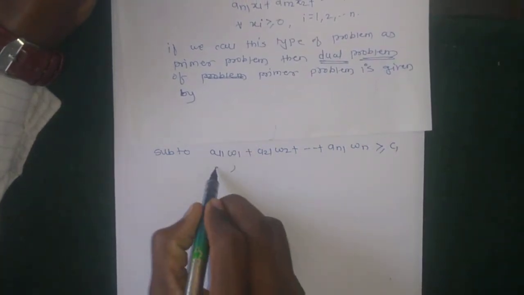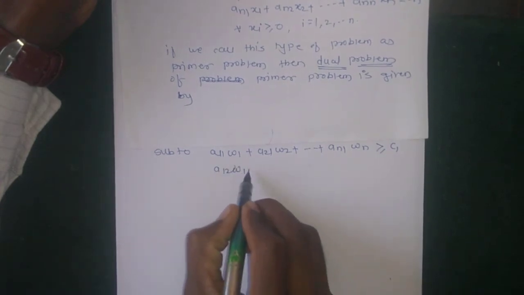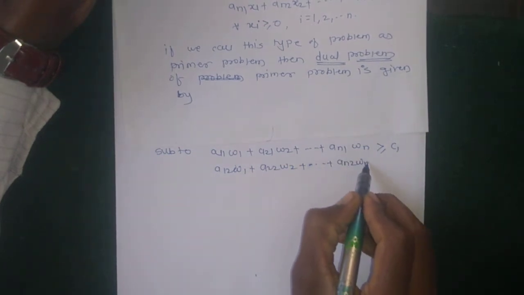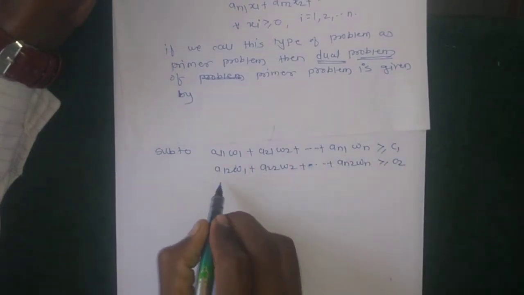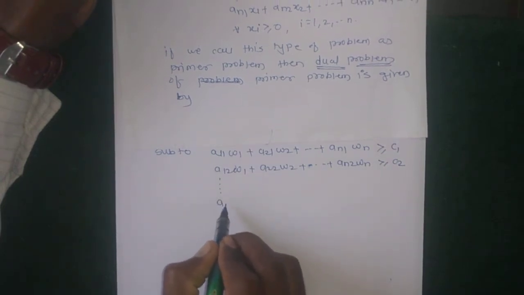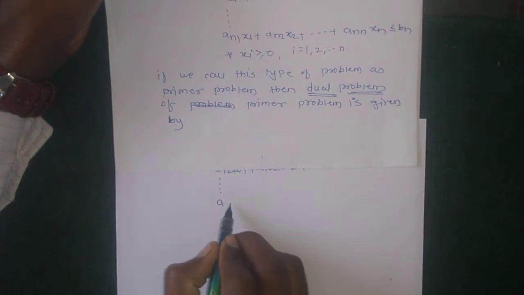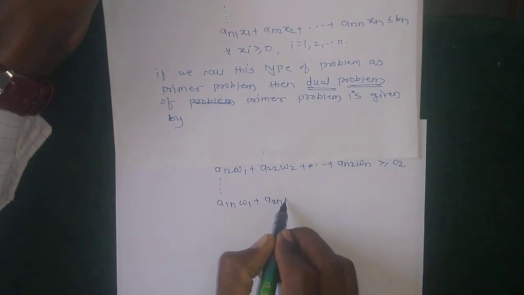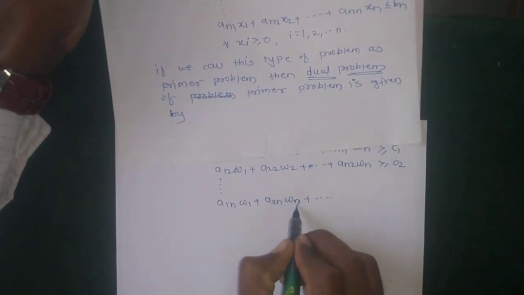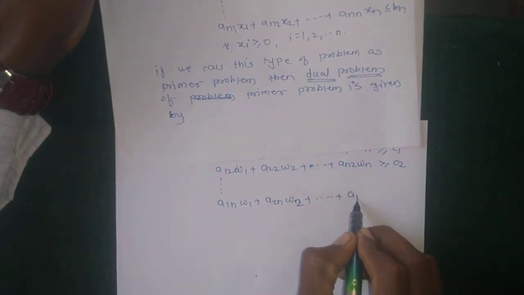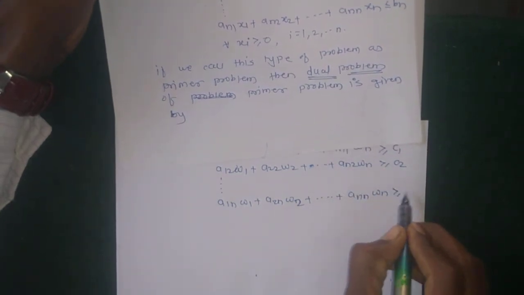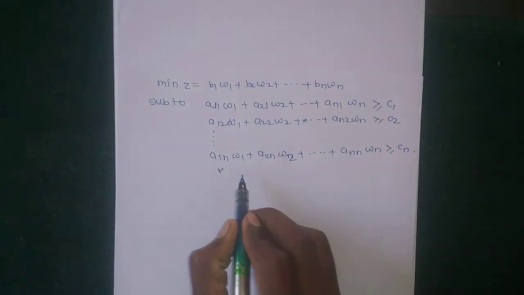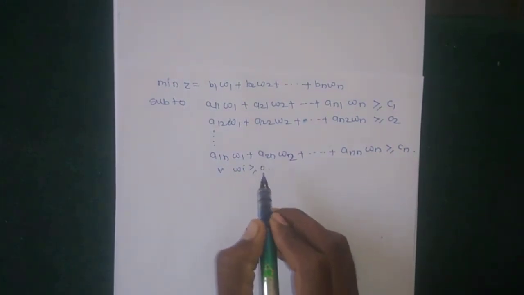In this way, a12 w1 plus a22 w2 plus and so on up to an2 wn is greater than or equal to c2, and in this way a1n w1 plus a2n w2 plus up to ann wn is greater than or equal to cn, and all wi's are greater than or equal to 0.